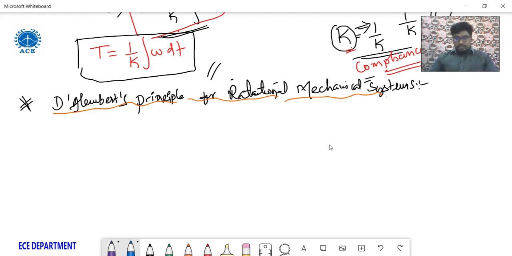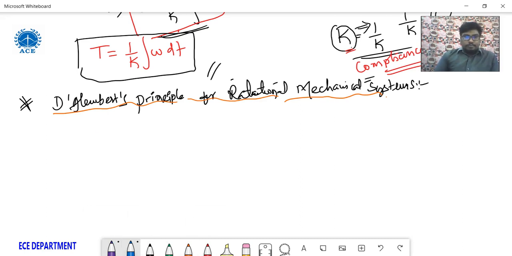The only change between translational and rotational mechanical systems: there we used the word force because motion is in a straight line; here motion is about a fixed axis, so we use the word torque. I will write the definition once again.